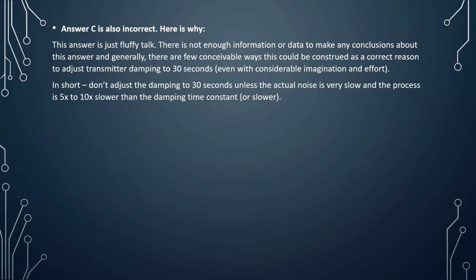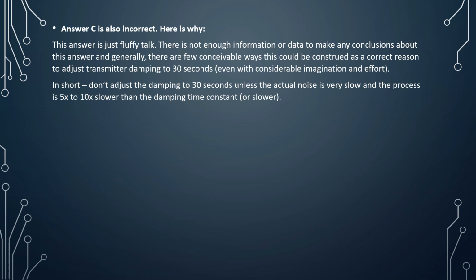Okay, so option C is also incorrect. That's just a fluffy answer, just to give somebody a guess. There are very few situations where you're going to adjust damping to 30 seconds. That's a very slow damping, and we'll explain why that is later.